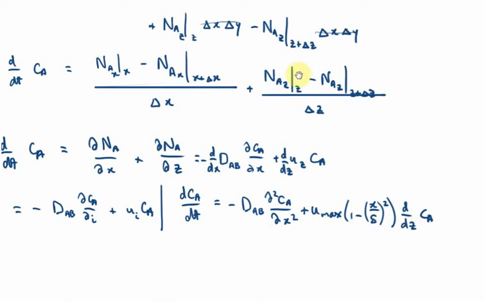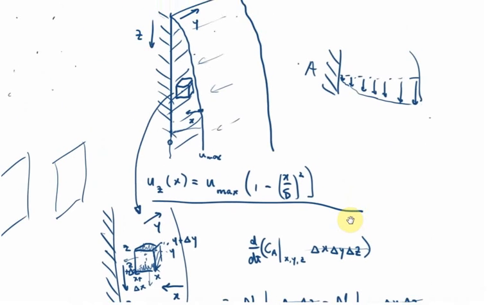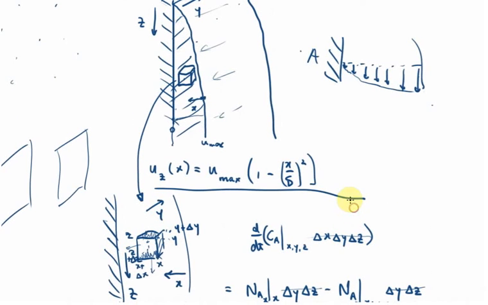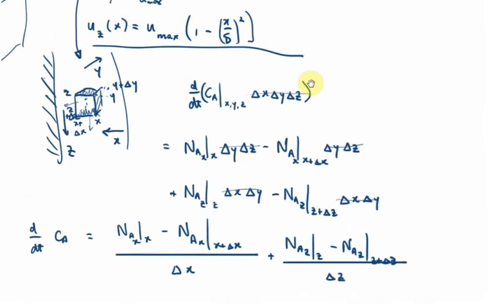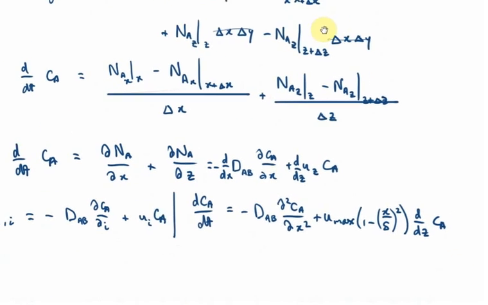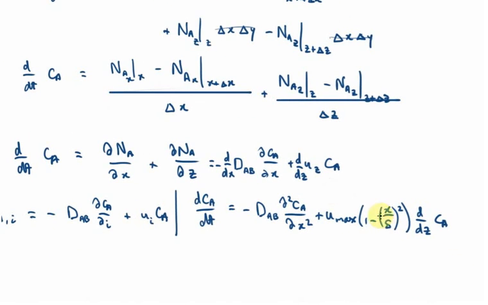Now we can anticipate that a steady state will develop, right? If your film was falling for a long time, eventually we will achieve some steady concentration of A at all positions through this film. So we will reach some steady state eventually. At steady state, we can rewrite this. Of course, that's a 0.